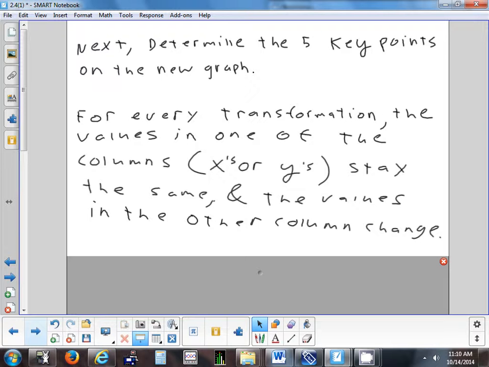It's the same idea if I do a vertical stretch or a horizontal stretch. If I stretch something vertically, that's going to affect the y values because it stretches it up and down. The x's wouldn't change at all. If I stretch or compress something horizontally, stretching left and right, those are your x values.